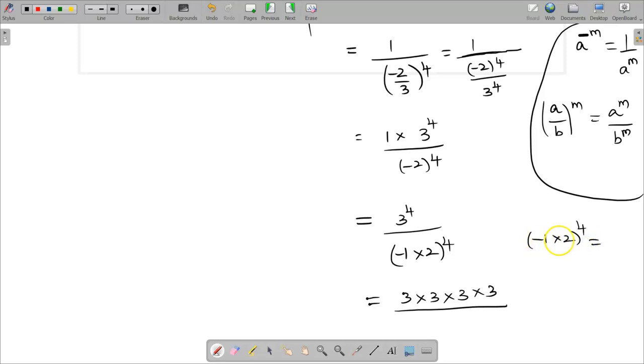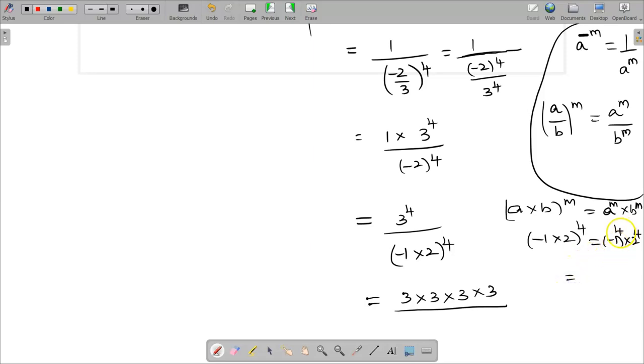We can split this term into two terms. One is minus 1 the whole power 4 into 2 power 4, because we are applying the rule a into b the whole power m, which is nothing but a power m into b power m. So using that I can write like this.